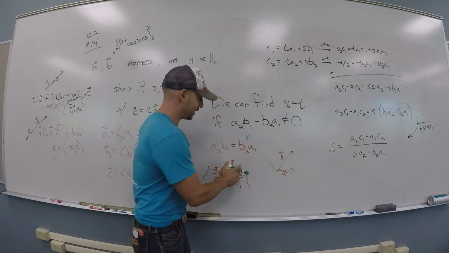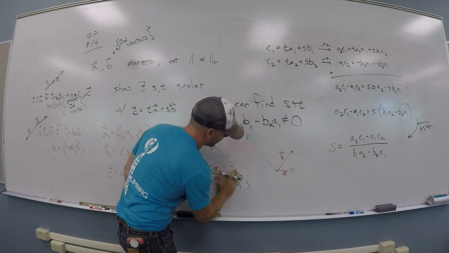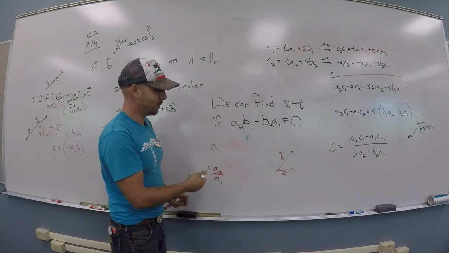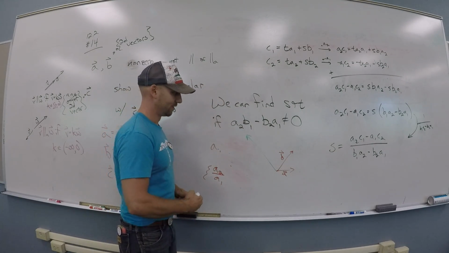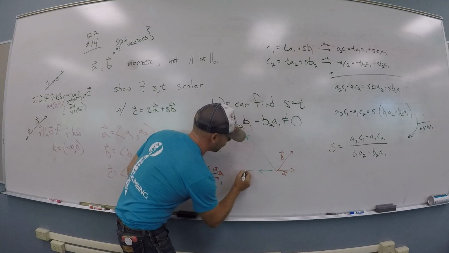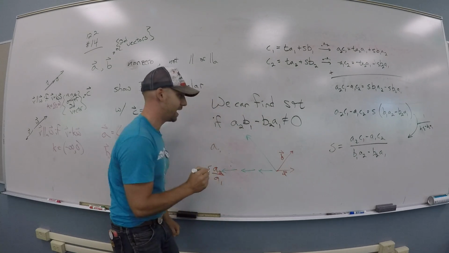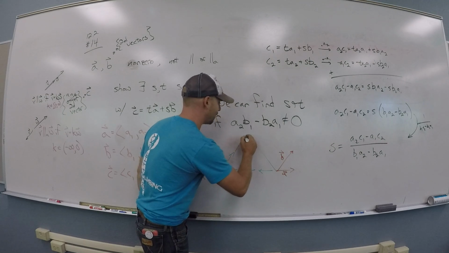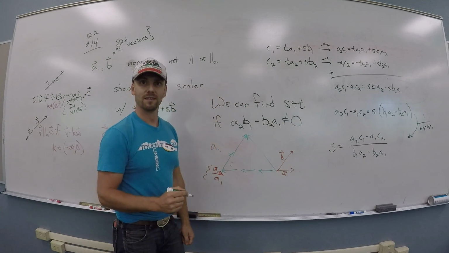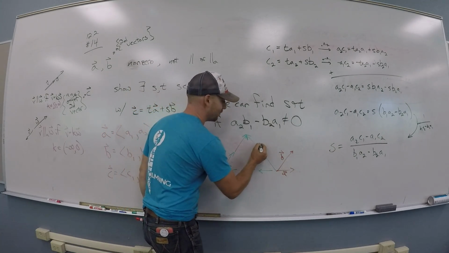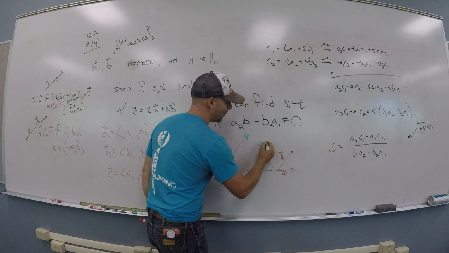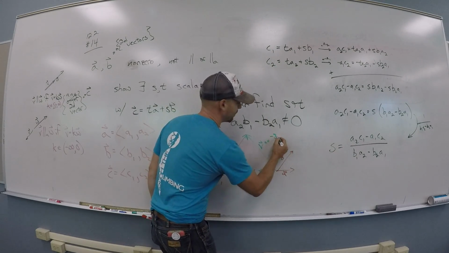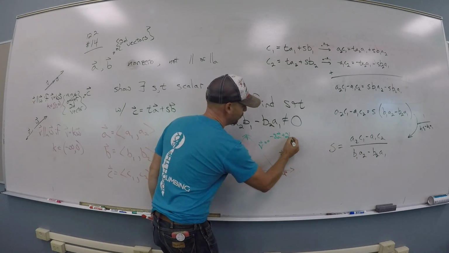In this one, I might have to back up 1, 2, 3 A's, and then go up a couple of B's. So my new vector V might be about minus 3A plus 2B.